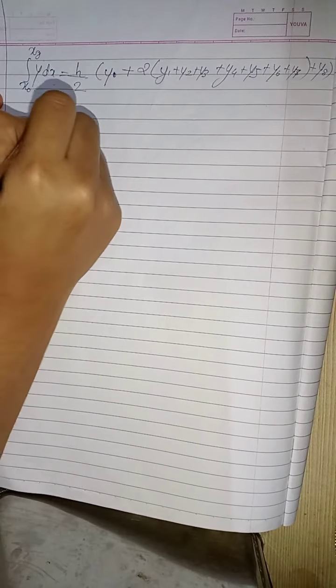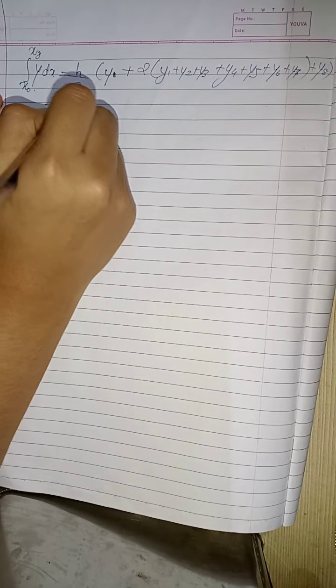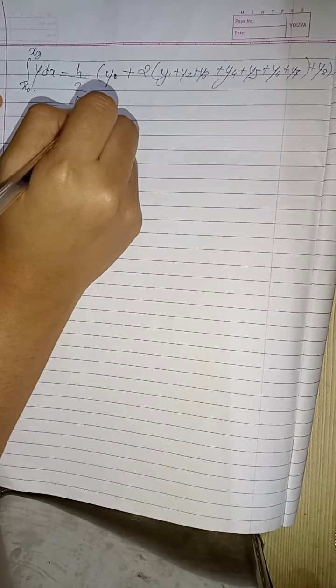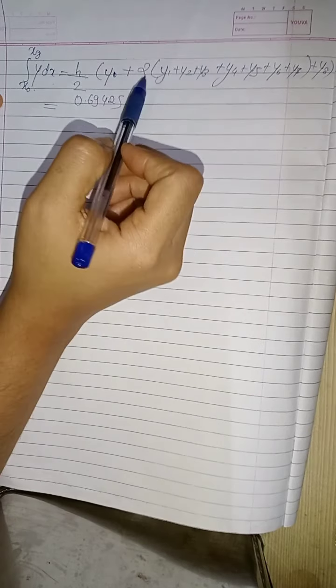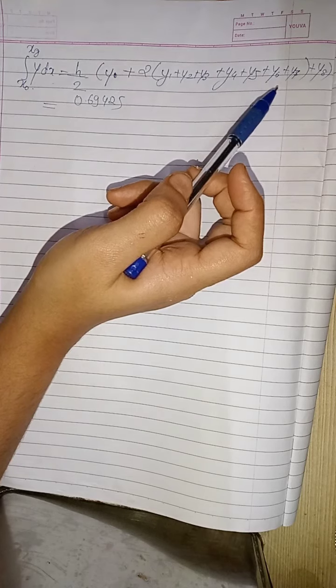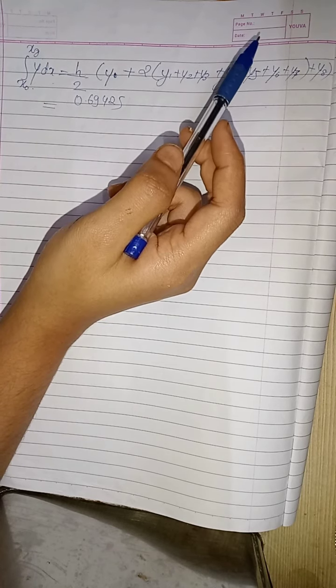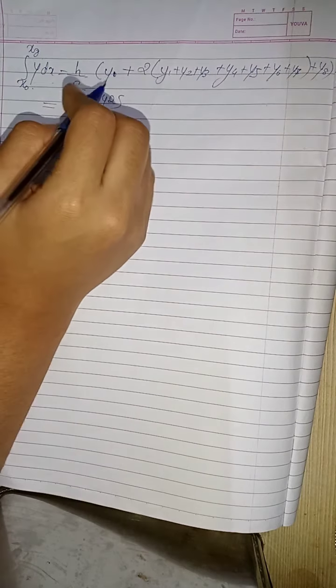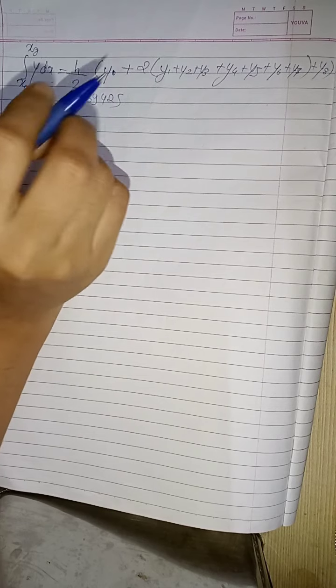Substituting the values, you will get 0.694125. You just substitute the values of y0, y1, y2 up to y8 from the values we had obtained earlier. So this is the value of the integration.